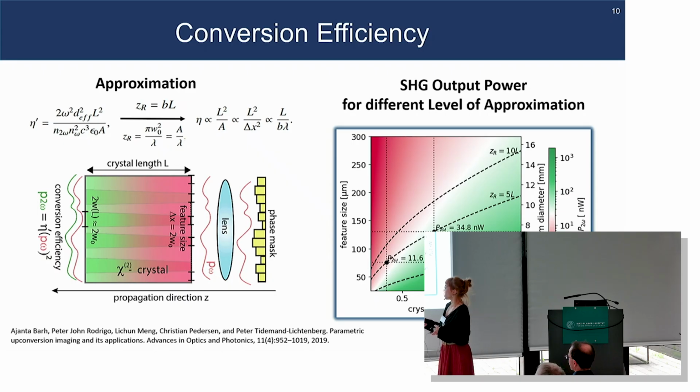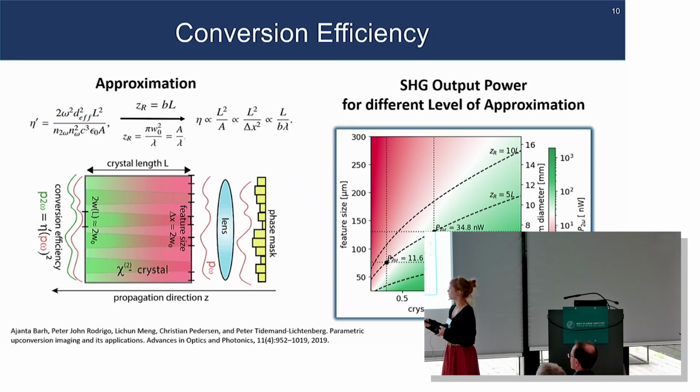And then we know that there is no transverse mixing if, for these Gaussian beams, the Rayleigh length is much shorter than the crystal length. For this we introduced a factor B, which gives us a level of approximation. So the higher B, the better our approximation.